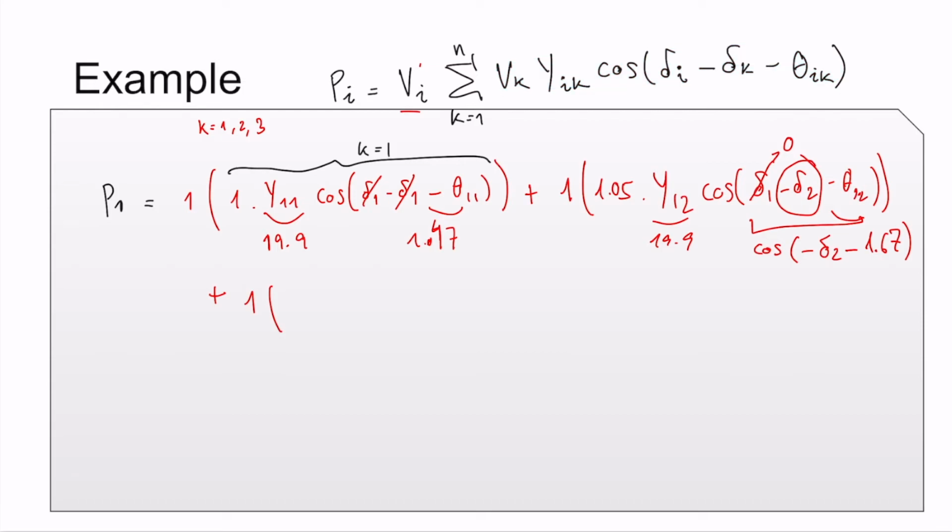Okay, for K equal to 3, voltage is not known, so it's V3. Element Y3 is equal to 9.9. This previous thing is 9.95, like this one.